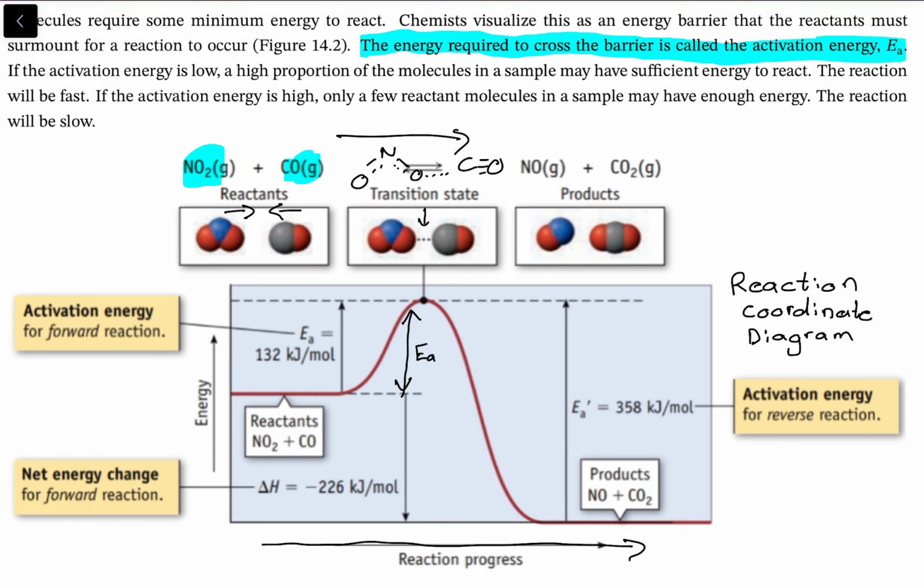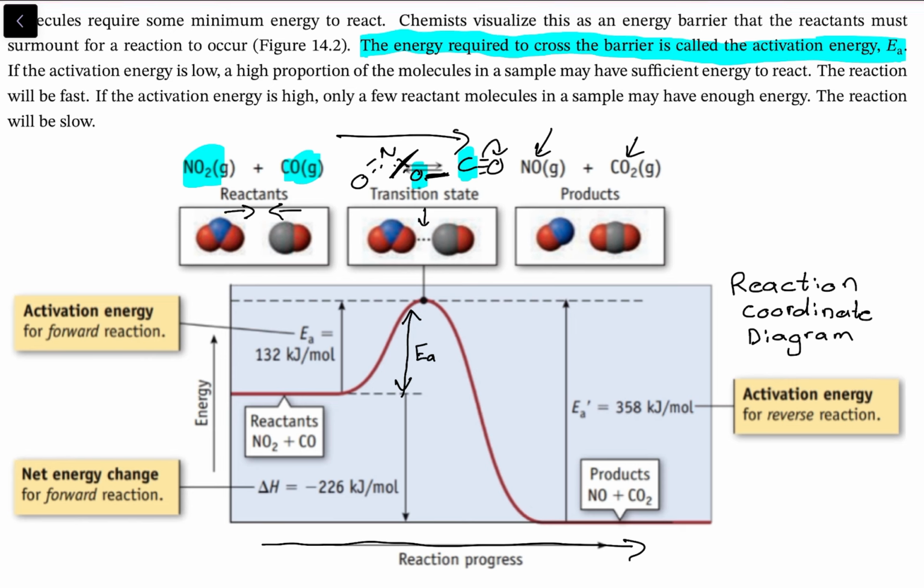This oxygen has to be orientated to this carbon over here, because there is going to be a breakage of a bond between these two. These bonds are going to break between the nitrogen and the oxygen, and there's going to be a formation of a bond between that oxygen and that carbon to form nitrous oxide and carbon dioxide.